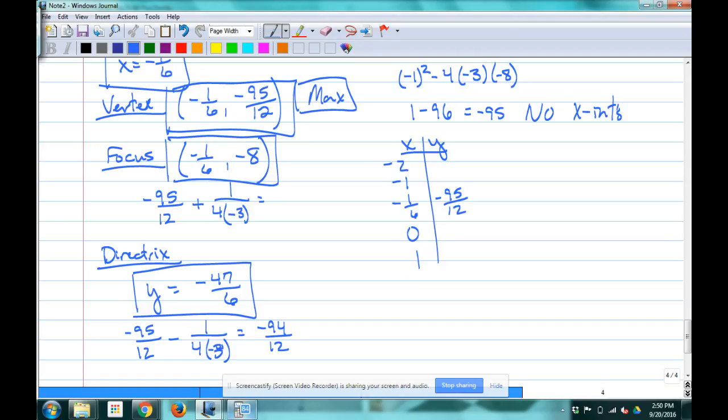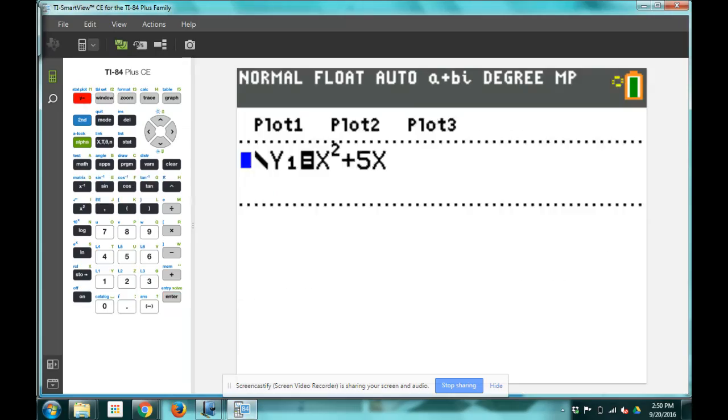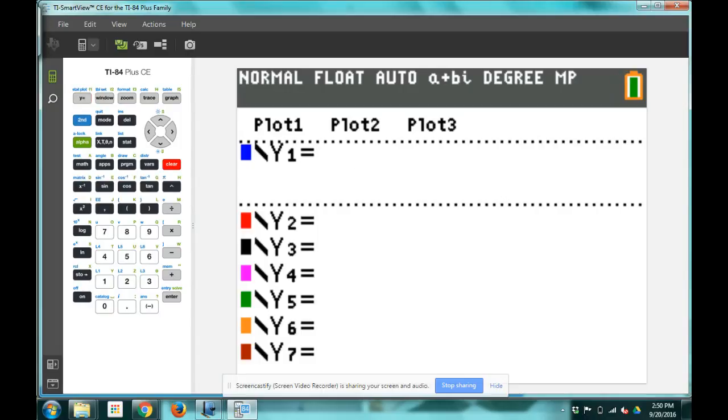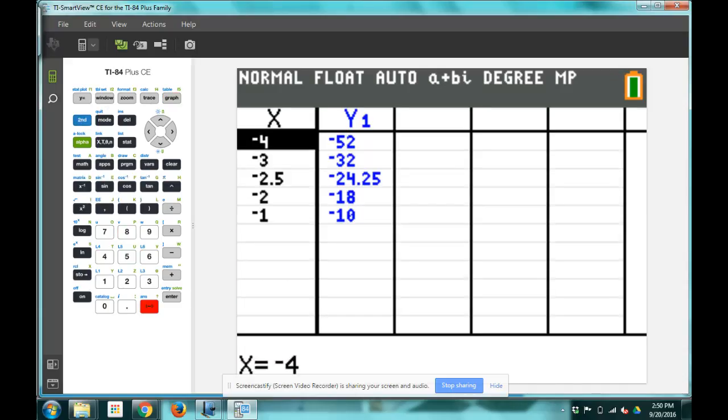So I just need to go to y equals, type in the equation, negative 3x squared minus x minus 8. Go to the table, and I'm going to type in those values. I've got negative 2, negative 1, negative 1/6. That's going to help. I'm getting the decimal approximations out of that. It's what it's cranking out for me. And then 0 and 1.